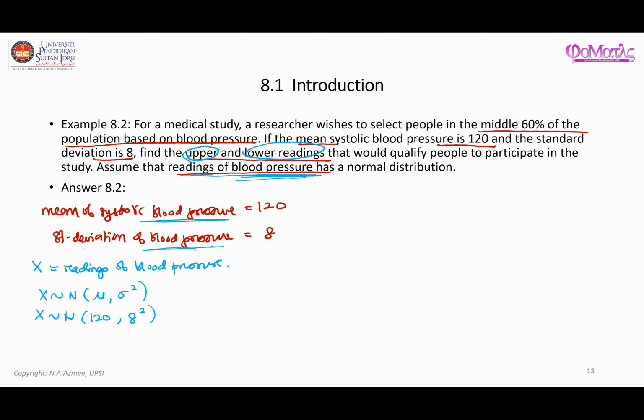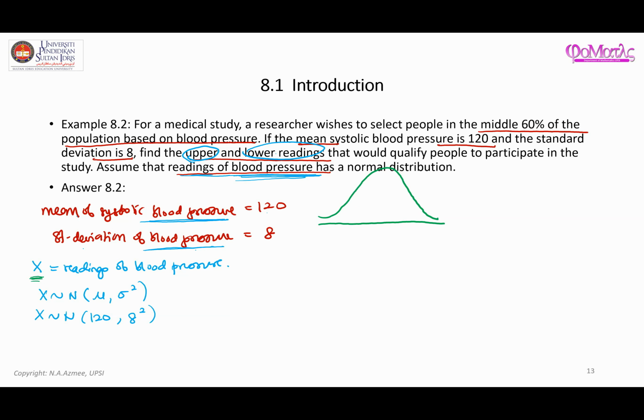Now, in order to answer this question, let us try to visualize how the distribution of x is. Since x here is a normal distribution, if I sketch the graph, it will look like a bell-shaped graph.